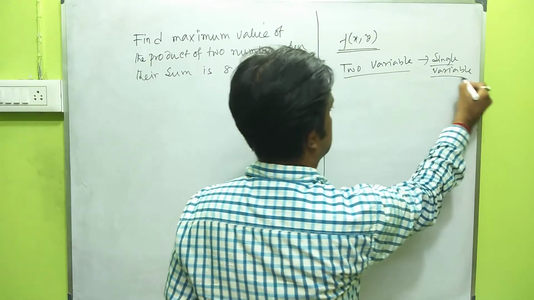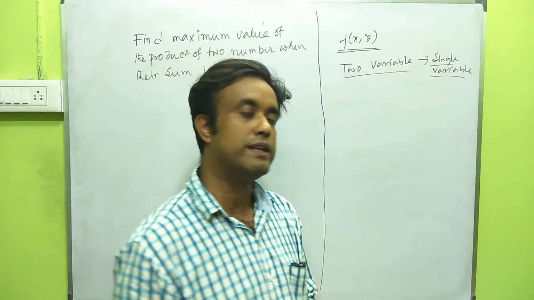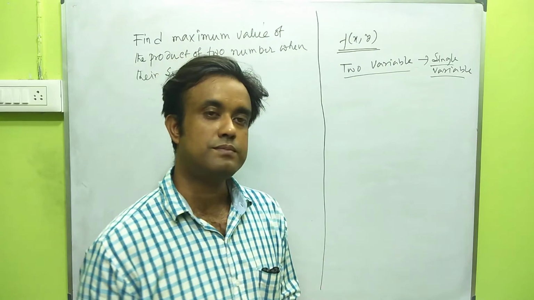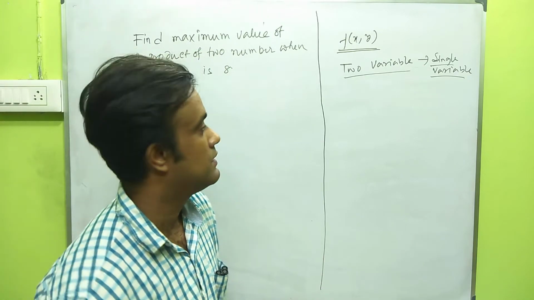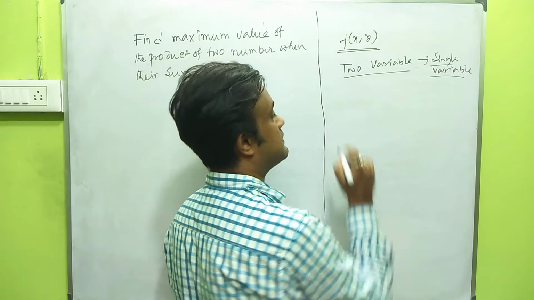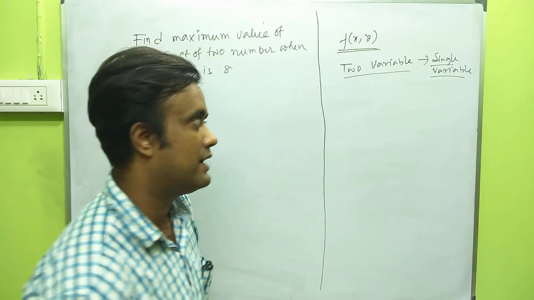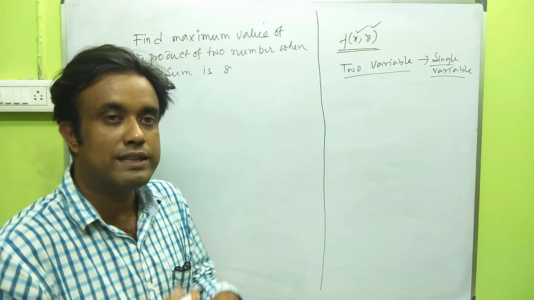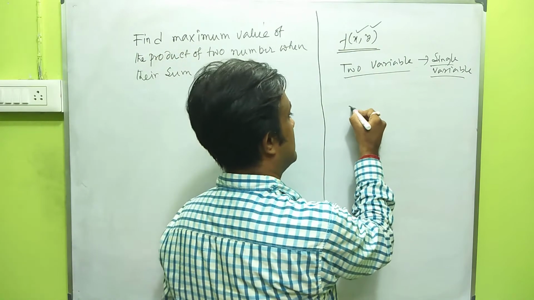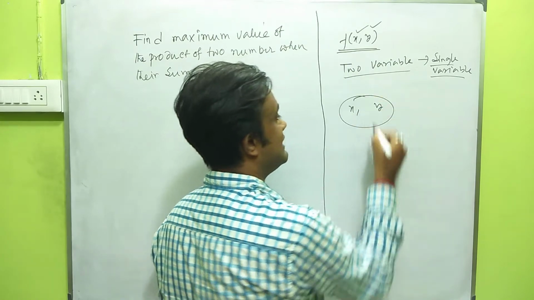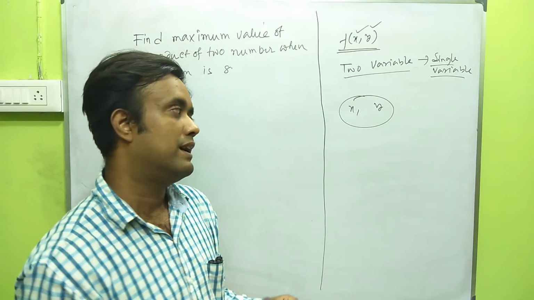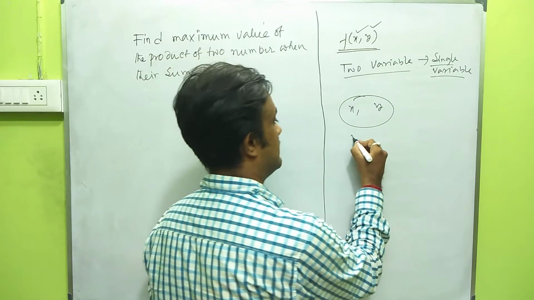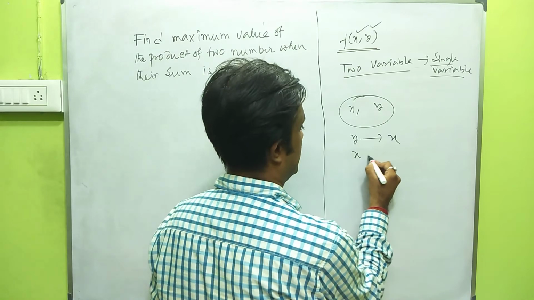And for doing this, you have some condition in the problem. There must be a condition given between this x and y variable. So with the help of this condition, that is x and y are related, we have to convert either y into x or x into y.